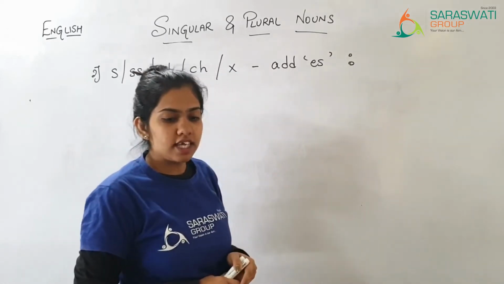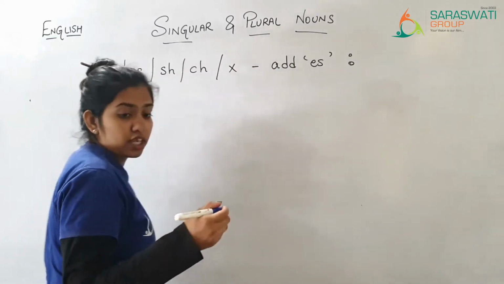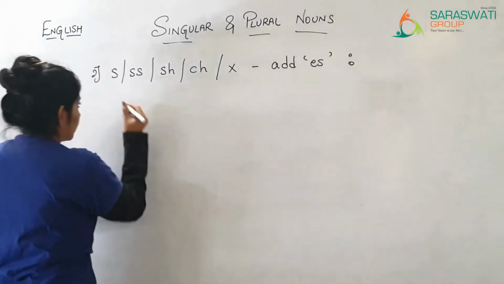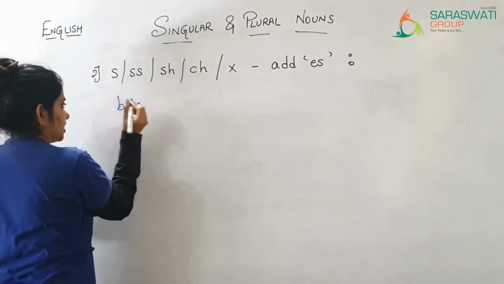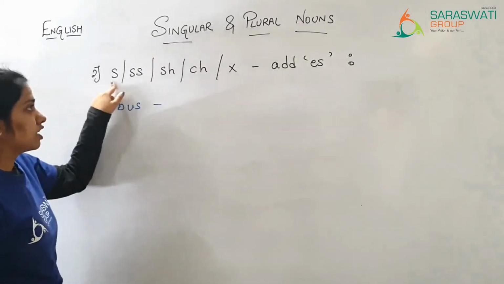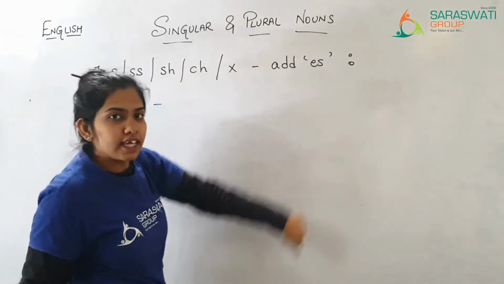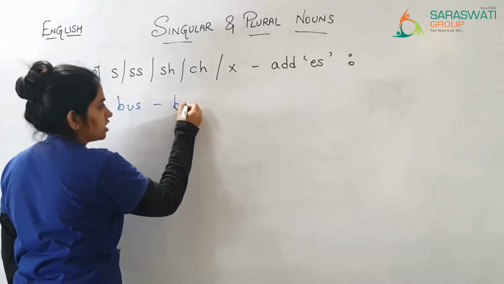Now let us see some examples. Bus. Bus is ending with s. So what will we add to make it plural? We will add es. So we will write buses.